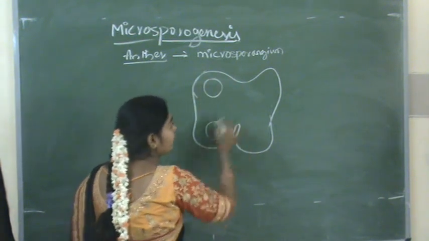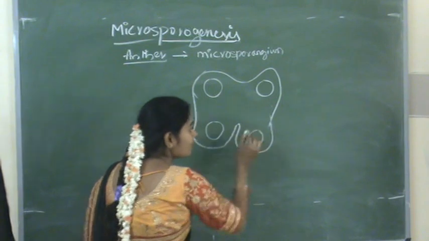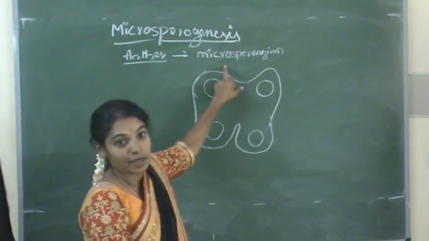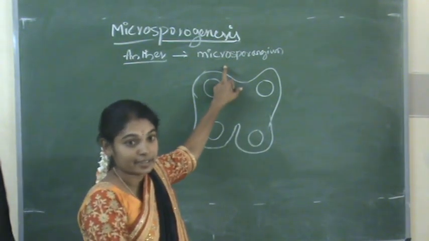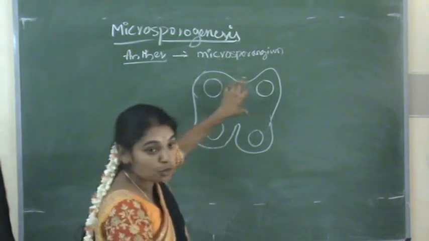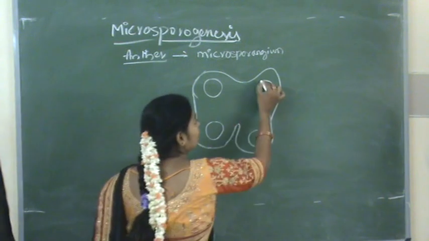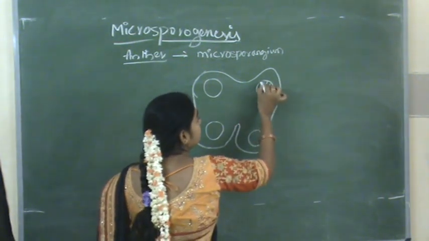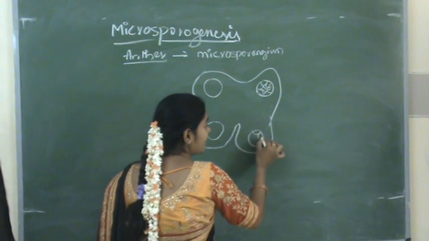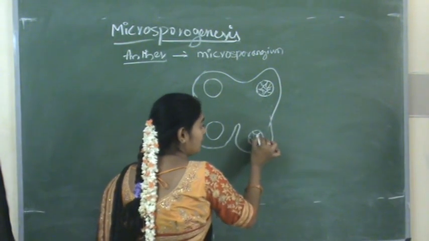So in angiosperms, a total of 4 microsporangia are present in the anther, and these microsporangia consist of a meristematic tissue from which the pollen grains are formed.